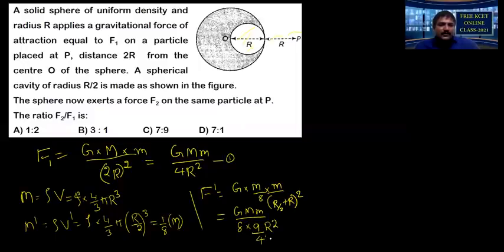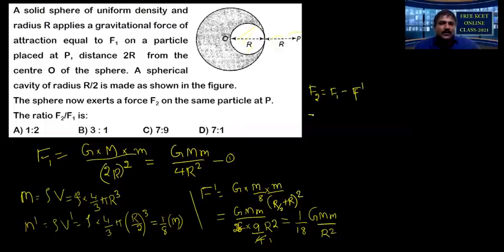So 4 twos are 8, then 2 into 9 is 18. So this becomes 1 by 18 G M m by r square. Now what is the net force in the latter case? Because that cavity portion is missing, the net force in the latter case, say F2, is F1 minus F dash.